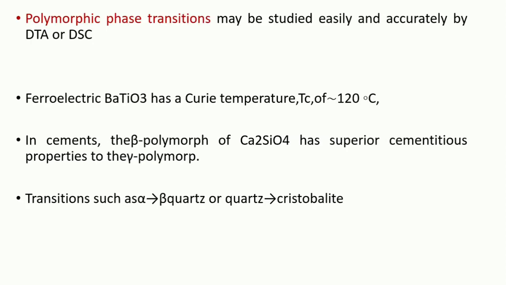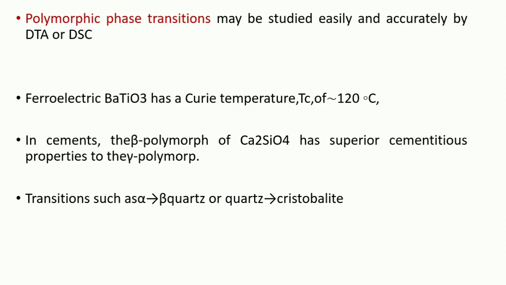For example, ferroelectric BaTiO3 has a Curie temperature Tc of about 120 degrees Celsius, which may be determined by DTA.